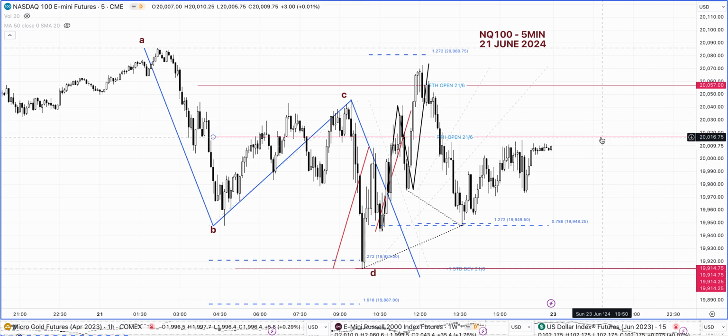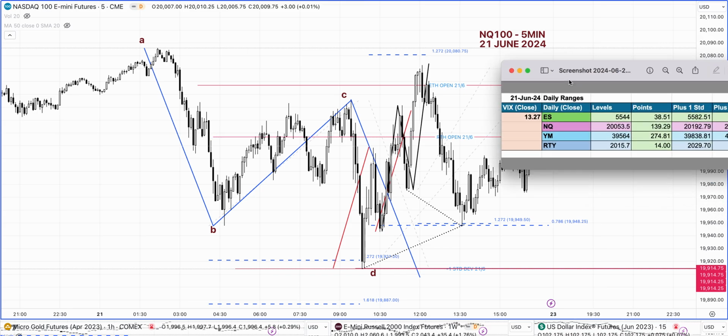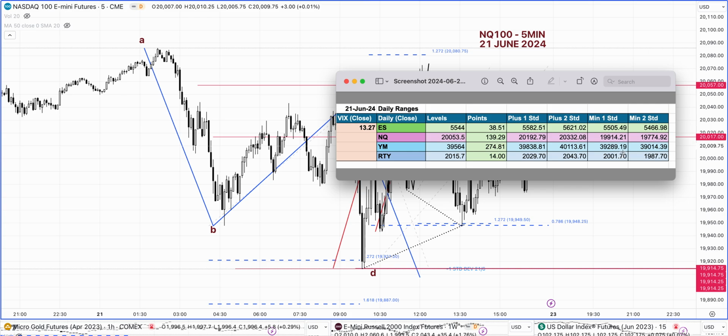We can also mark the regular trading hours open here, and then the standard deviation level, which was the -1 standard deviation level. We should mark that on the chart as well, or at least make a mental note of it, but marking it on the chart helps us visualize it.